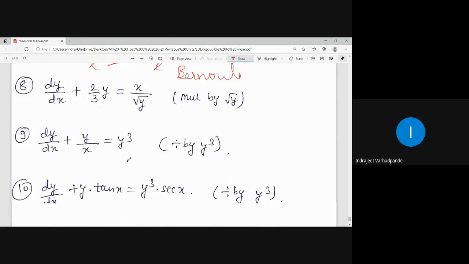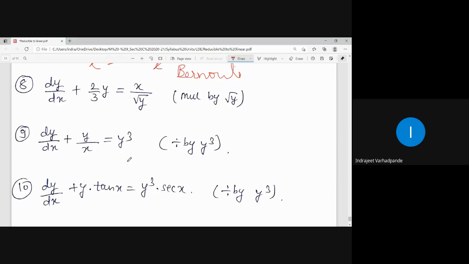So a lot of work is there for you today, right? There is a complete mixing up of questions. Note down question number 8, 9 and 10.